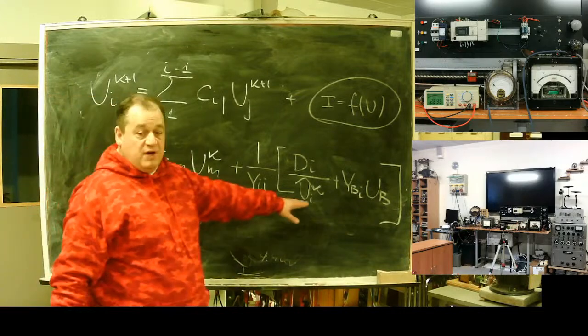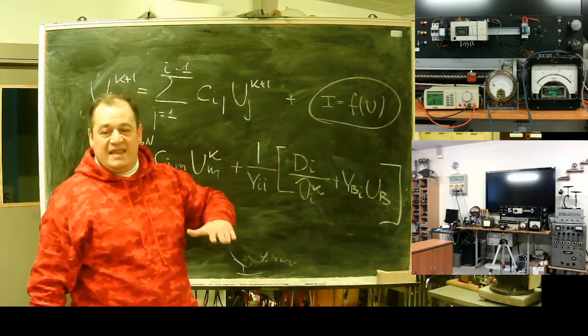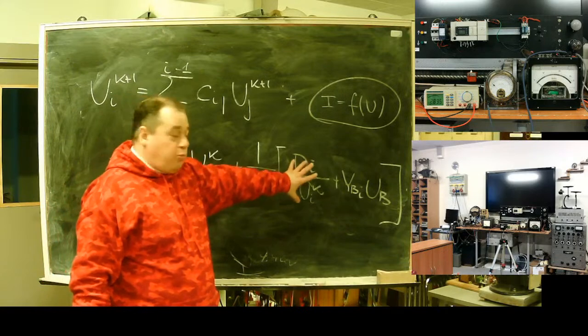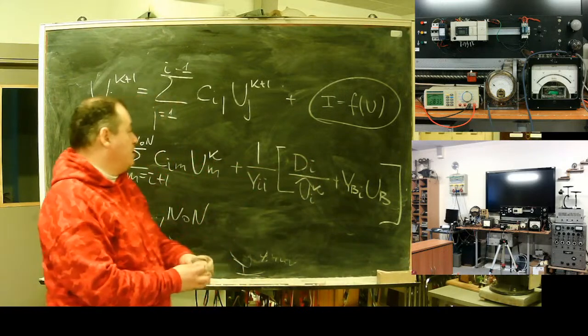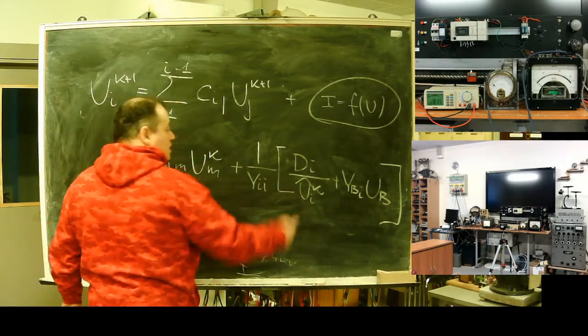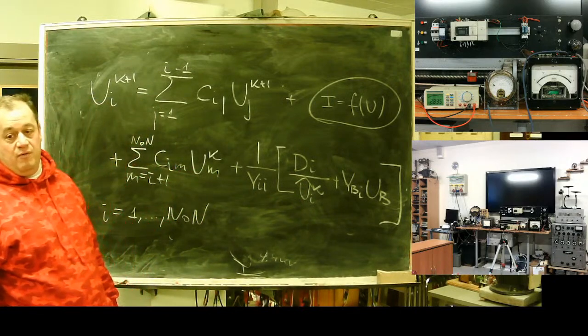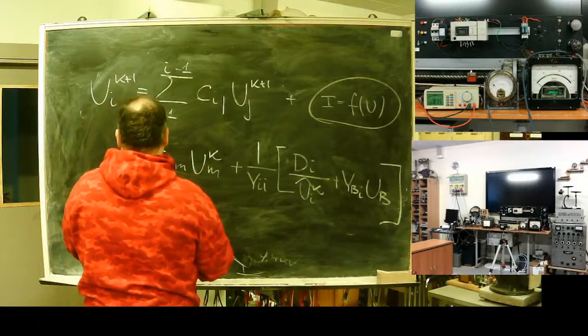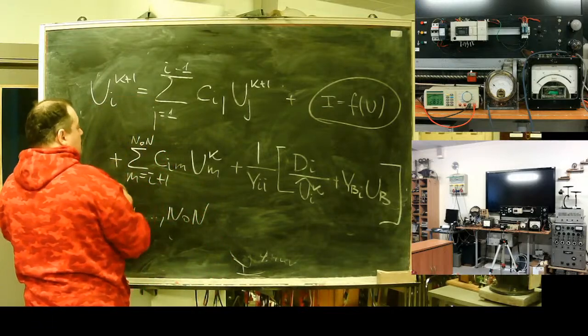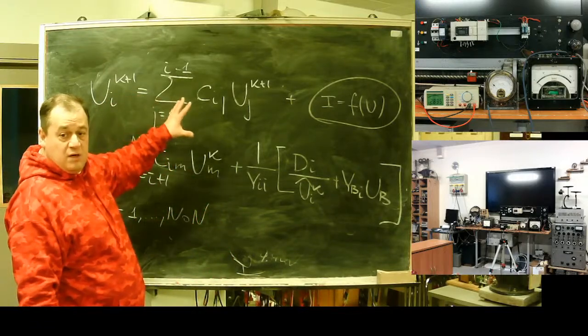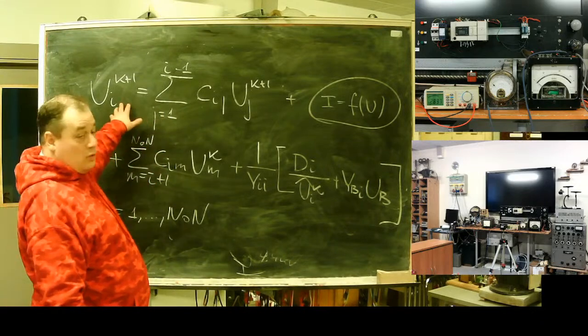It's the simplest way. You can use any characteristic, just put it here. This should be current as a function of previous step voltage. The solution will yield us nodal voltage.